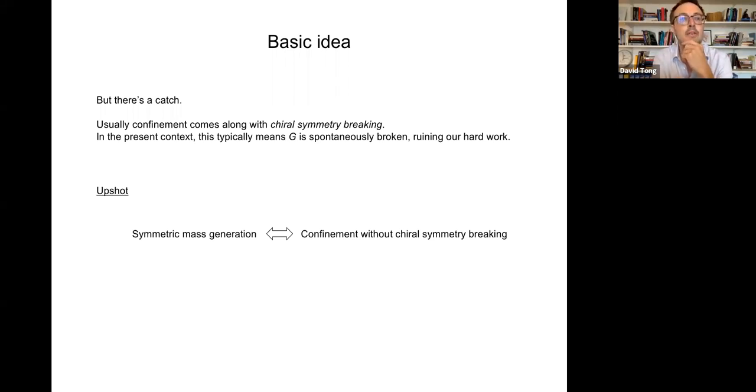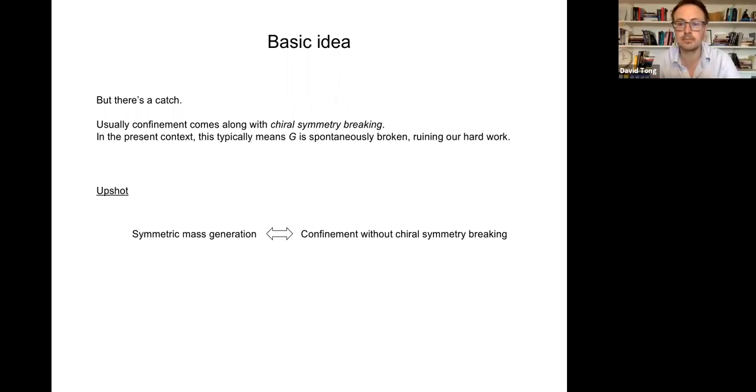But if your symmetry is continuous, the flavor of the problem is changed a little bit because there's no such thing as spontaneous breaking of continuous symmetries. So there is a story there, but it takes a slightly different flavor. Okay, thank you. Other questions?